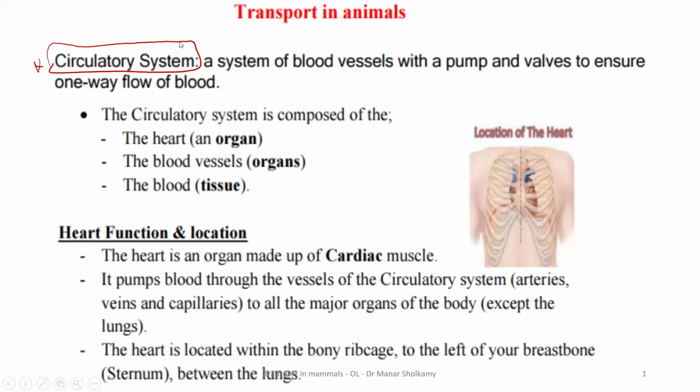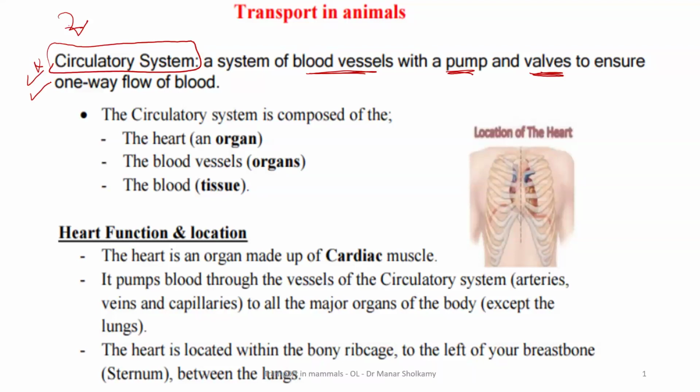It is a system like any other system that is made up of a group of organs that work together. Now, there is a particular definition in your syllabus which says that the circulatory system is a system of blood vessels with a pump and valves to ensure one-way flow of blood. So this is the definition provided in your syllabus that we have to adopt and we cannot play around with.